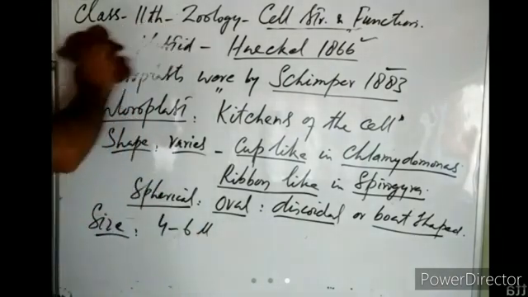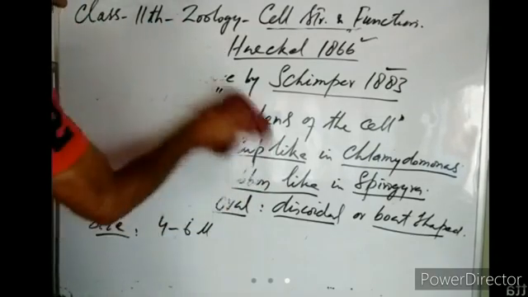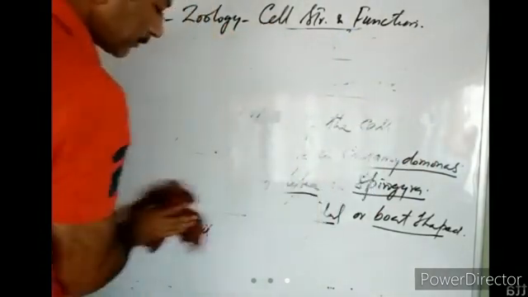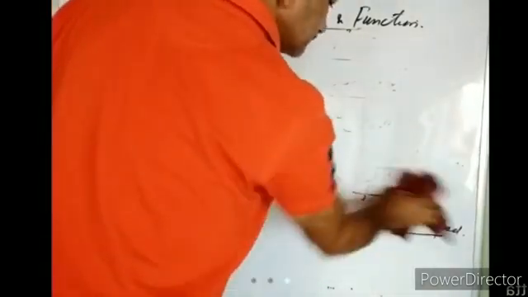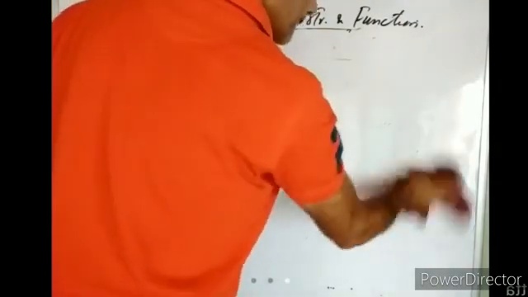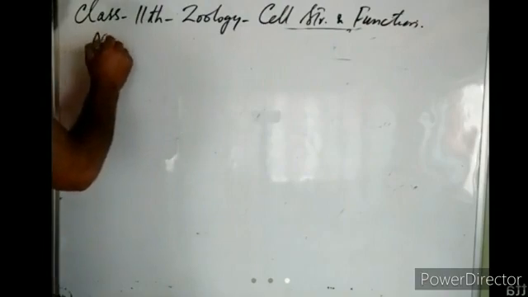Now, what about the number of chloroplasts per cell? How many chloroplasts are present in a cell?